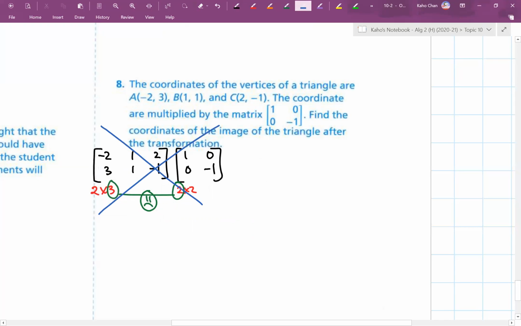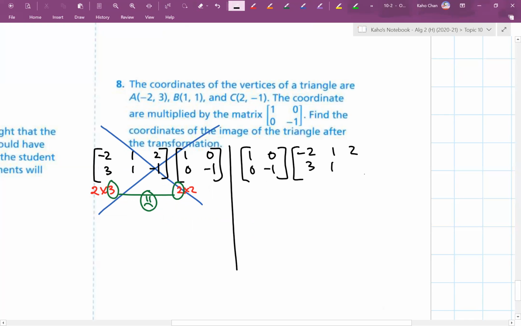Swap it around with that transformation. That's a good mistake to make. All right, here we go. Now we can do this. It's a 2 by 2 times a 2 by 3. The inner numbers match. My final matrix will be a 2 by 3 matrix.